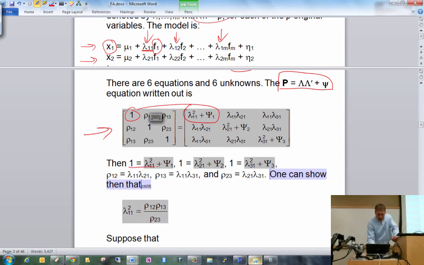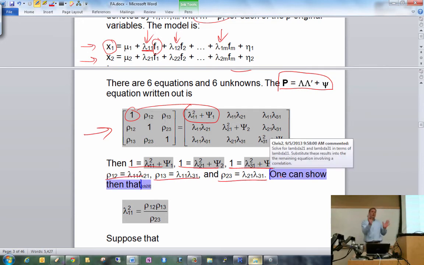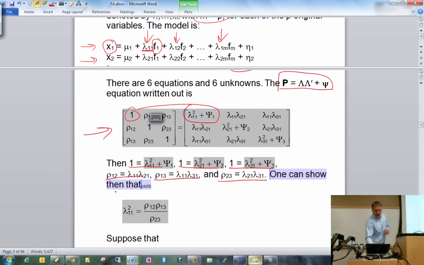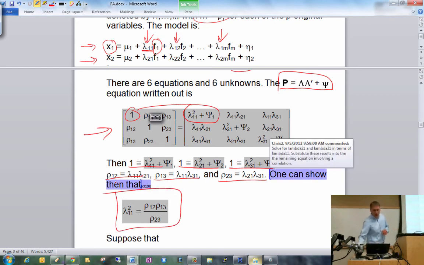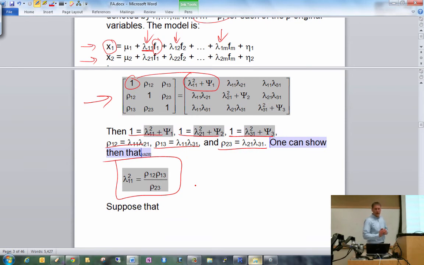And you can write out 6 equations based upon what you see in your factor analysis equation. You could do a little bit of algebra and show that lambda 1 squared is equal to rho 1 2 times rho 1 3 divided by rho 2 3. You can go through some algebra to do that.